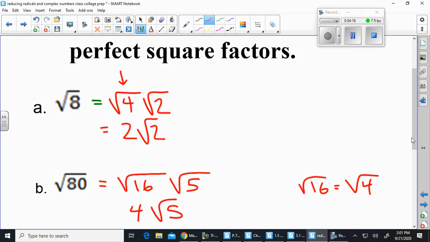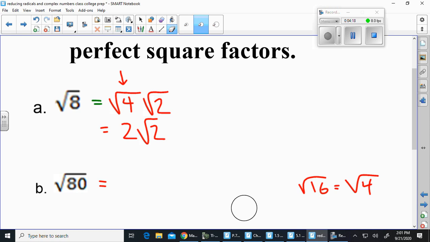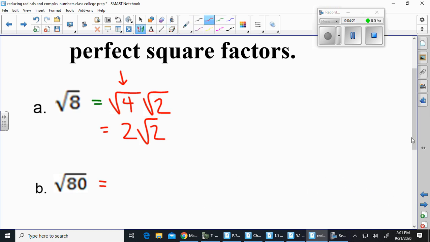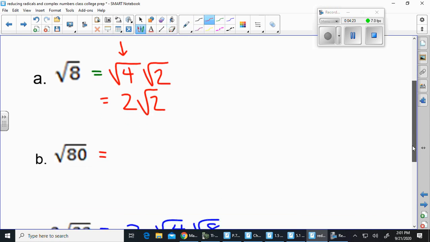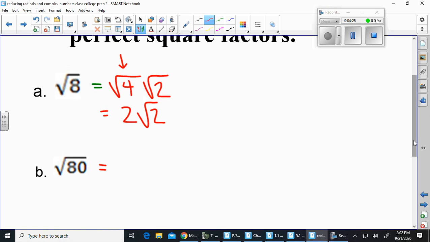So I look at something like square root of 80. And I say, okay, does any perfect square go into it? 4, 9, 16, 25, 36. And you just start dividing. Some people that go forward will say, yeah, 4 times 20 is 80. Well, the square root of 4 is 2.